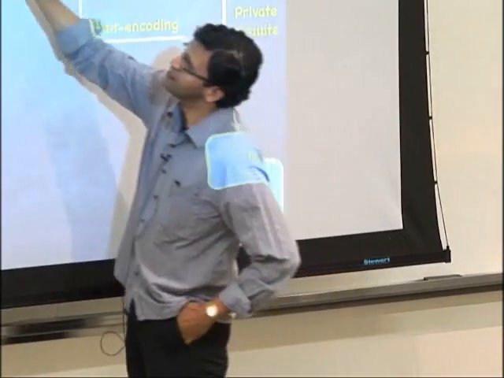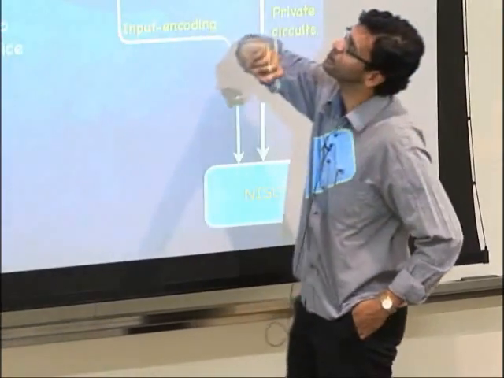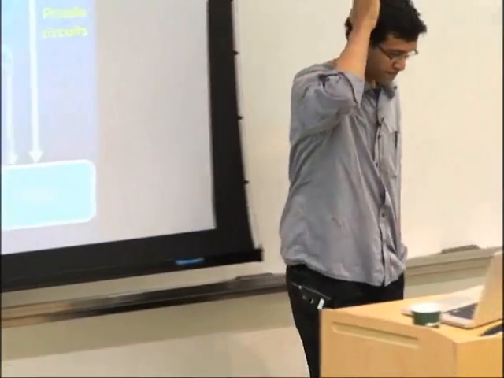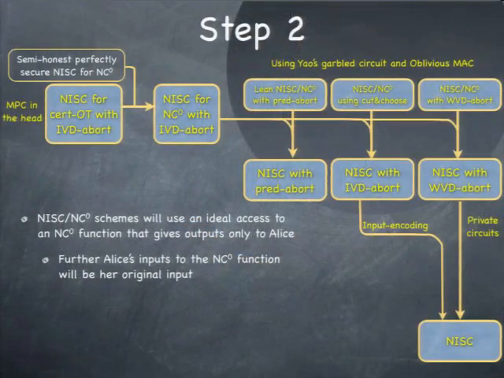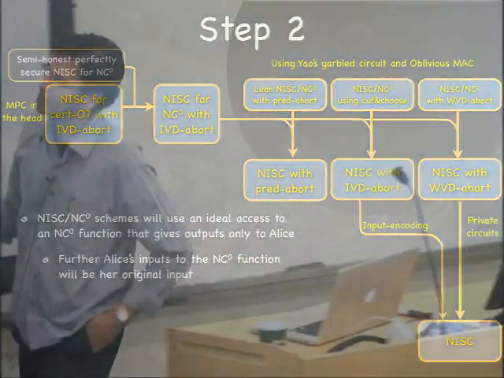As I said, the idea is that these NC0 functions will help you do some sort of... okay, so I'm just describing what kind of NC0 function these will be. First, let me define what NISC/NC0 is.